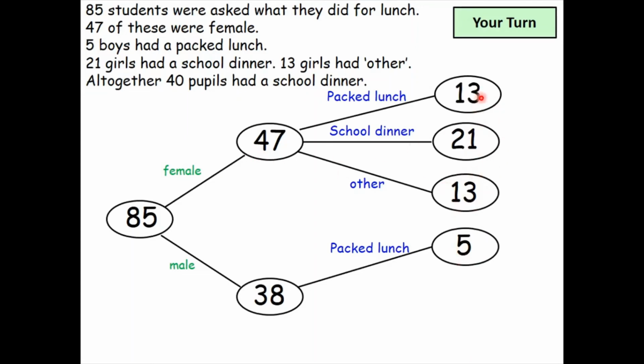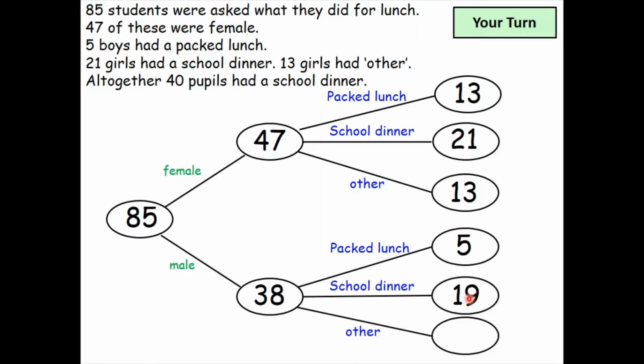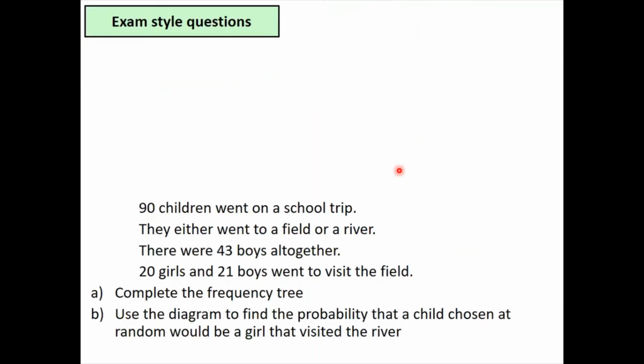So I've got 13 there, and then using this bottom line, 40 had a school dinner, 21 here, so it must be 19 there. And then the final bit of information is the other. So 5 add 19 is 24, so I need another 14 to make 38. A little bit harder this one because there were 3 options, but it's the same basic idea. Read the question carefully, fill in what you can.